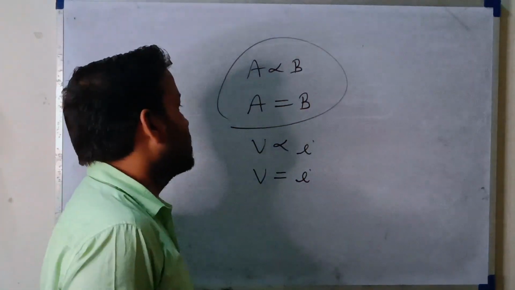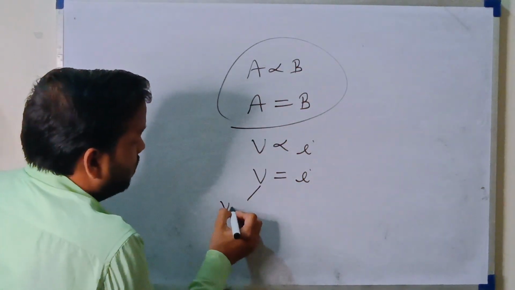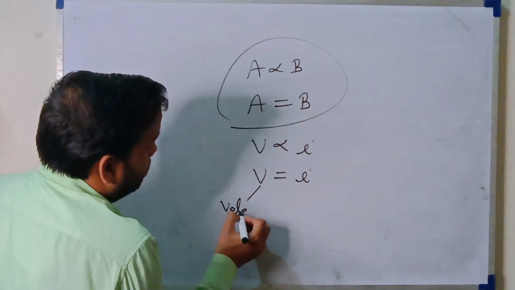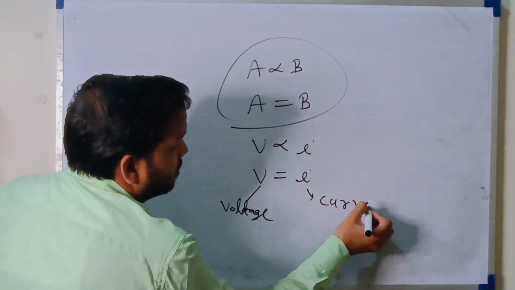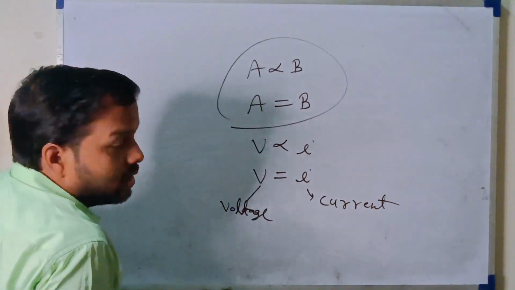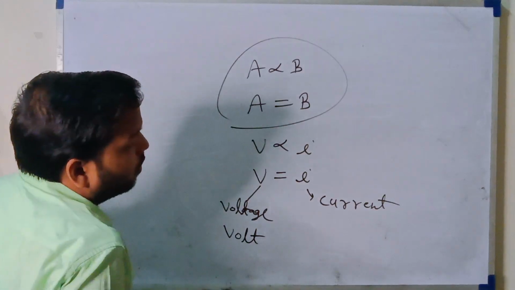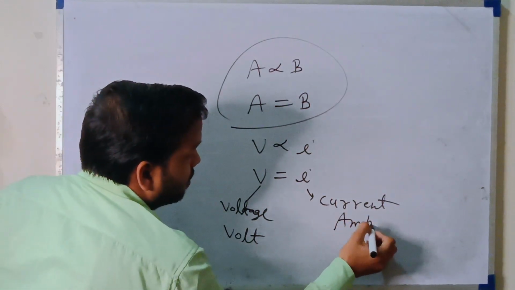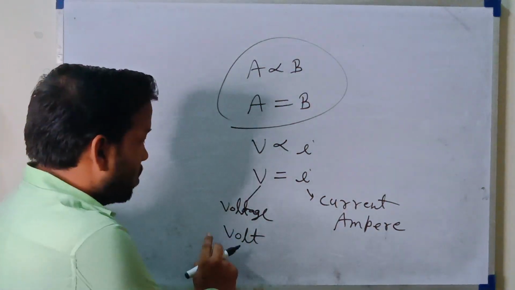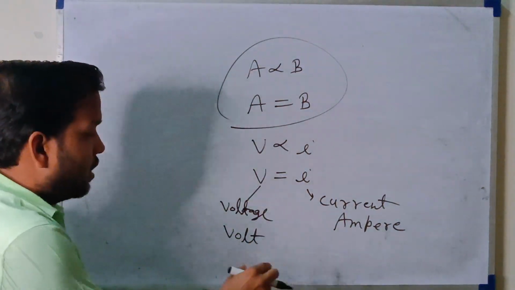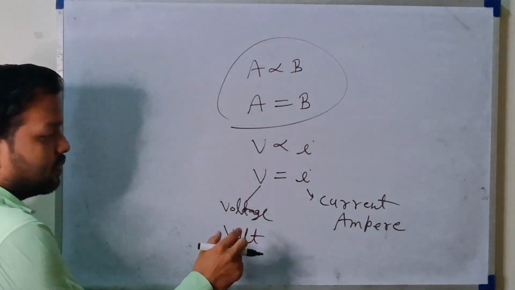Okay, the answer is V is voltage, and I is current. The unit of voltage is volt, and the unit of current is ampere. Both quantities are not the same: volt is not equal to ampere, and ampere is not the same as volt.